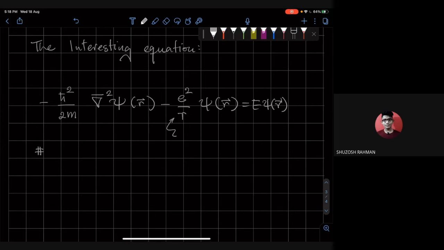Does it depend on X, Y, and Z, or some particular combination of this? It only depends on the distance from the origin. Okay, what kind of symmetry is this? Spherical symmetry. Right. So this has spherical symmetry.